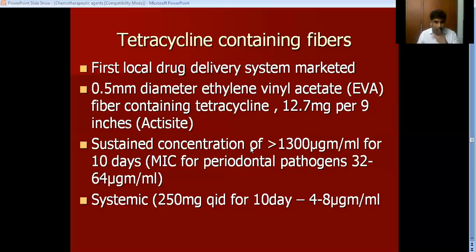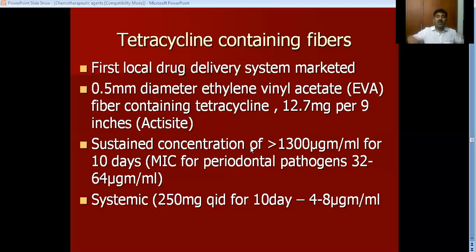But when you look at the last point in that slide, you give the same drug, tetracycline, 50 milligram, 4 times daily for 10 days. What is the concentration that you achieve within the gingival sulcus, in the GCF? It is 4 to 8 microgram. What is the MIC that is needed? 32 to 64.